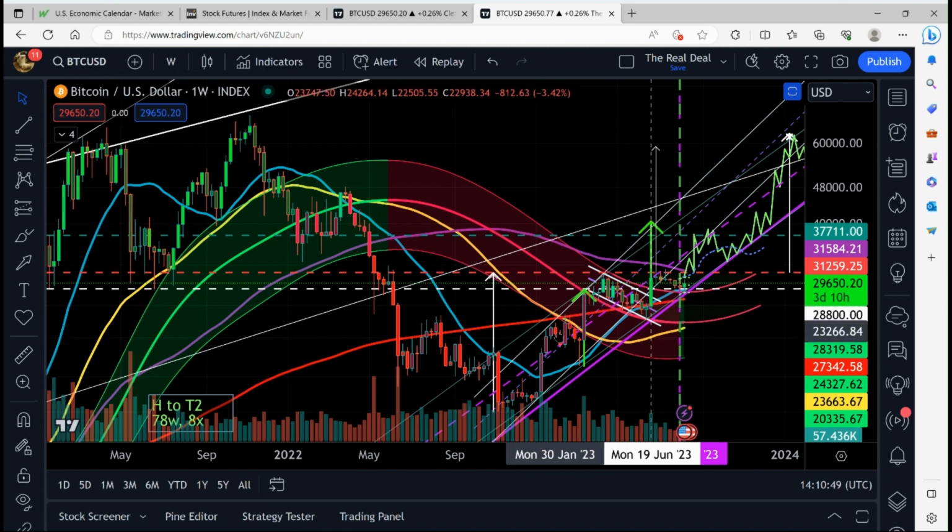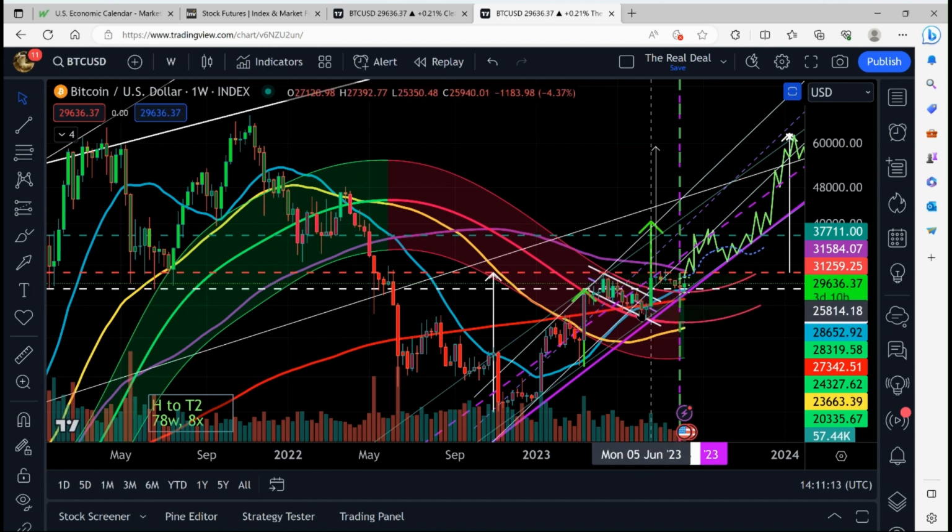Now you'll notice we are below our 50, our 200, and our 100. The 50 acted as resistance here, broke above it. The 200 acted as support. Wait, oh, I'm sorry. I'm getting it mixed up with the mean band of the weekly Gaussian channel.